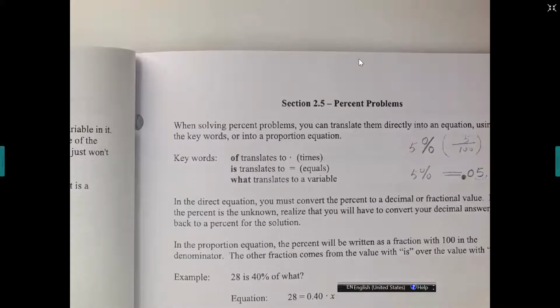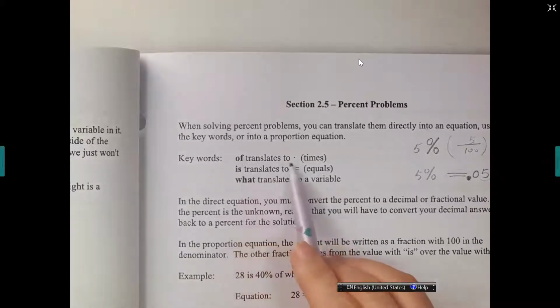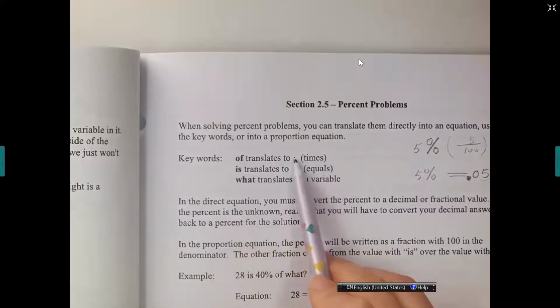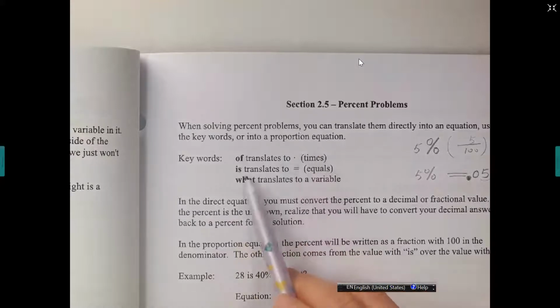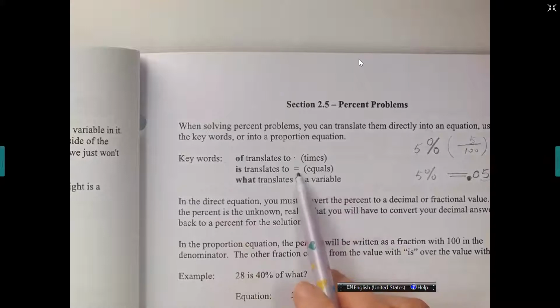When we do the translation, we just need to pay attention to some keywords here. When we see the word of, it means times, multiply, and it turns into the operator dot. Dot means multiply. When we see the word is, we translate it into an equal sign.